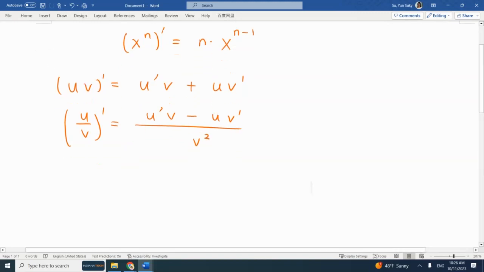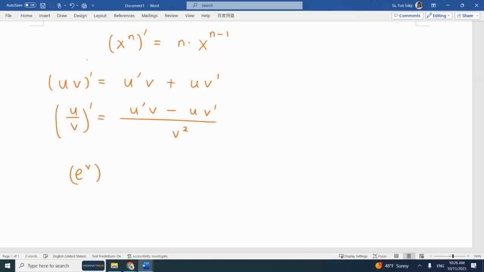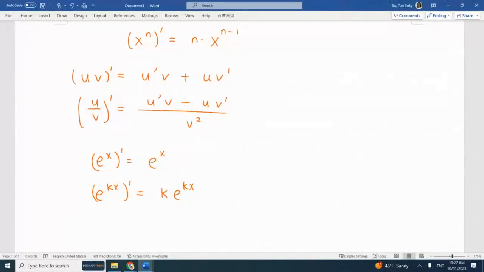So we learn the power function, we learn the product rule, we learn the quotient rule, and then the exponential function. e to the x derivative is what? e to the x, right? e to the kx derivative is k e to the kx, right? And then the harder one, b to the x. b is any number. What's the derivative of b to the x?